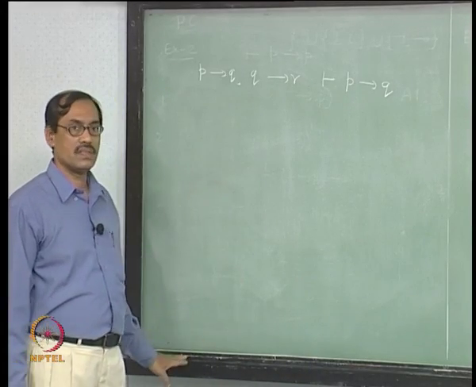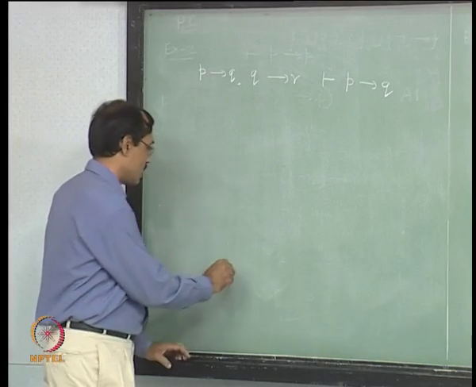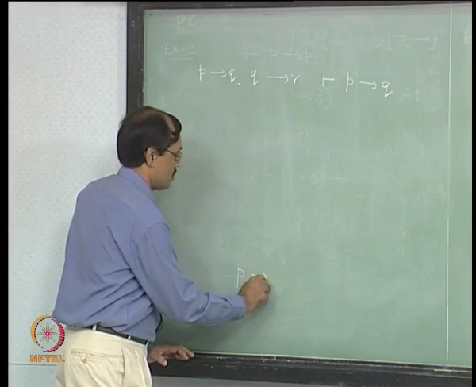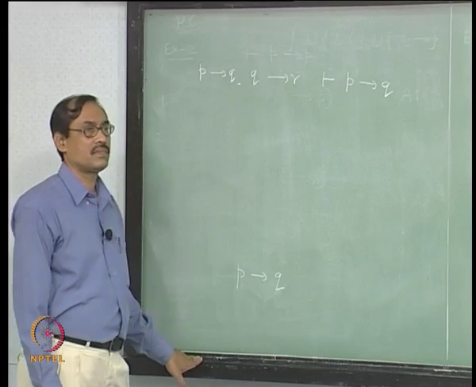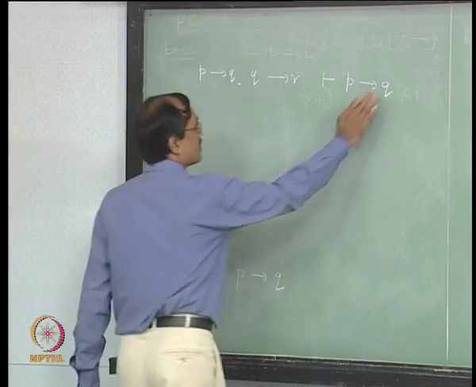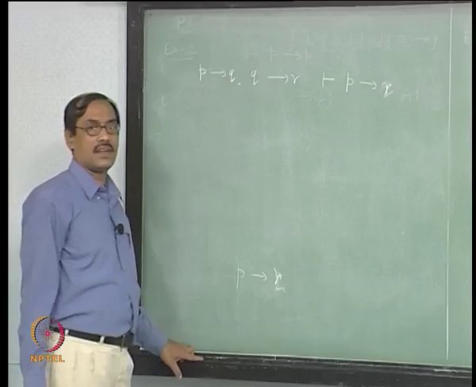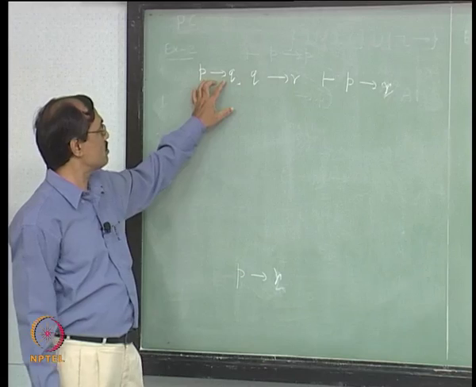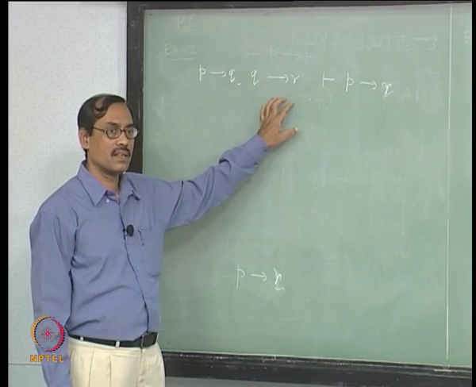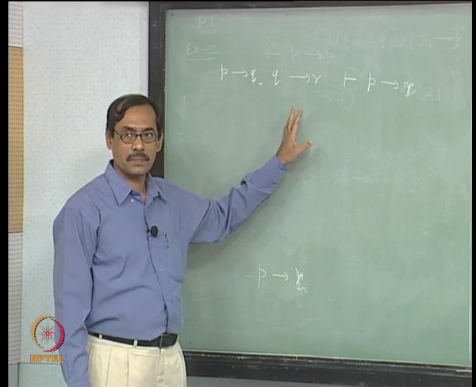Now, how do we proceed? It says that in our derivation the last line should have P implies R. In between we might use P implies Q, Q implies R. It does not say we have to use them.